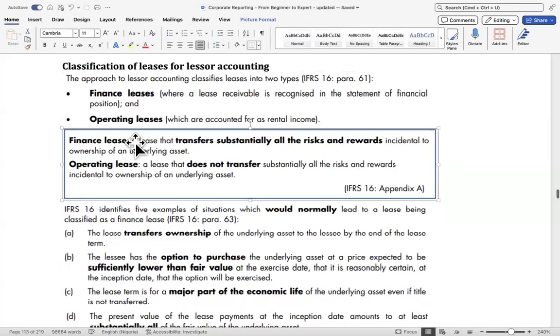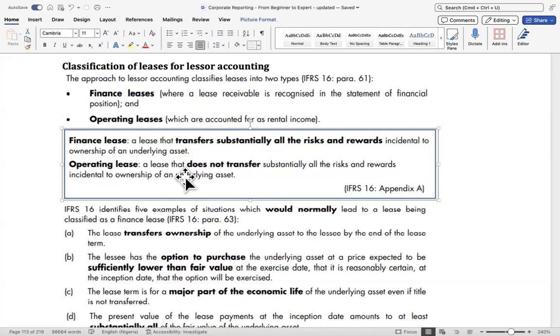A finance lease is one where the lessor transfers substantially all the risks and rewards incidental to ownership. Simply put, he has sold the asset. While an operating lease is the reverse of that, meaning he has not transferred substantially all the risks and rewards.